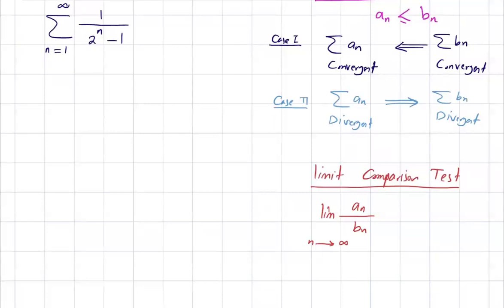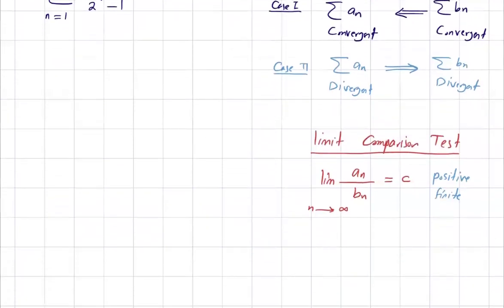If the limit is equal to a finite positive number, something like c, where c is positive and finite, then the behavior of these two series is going to be the same.